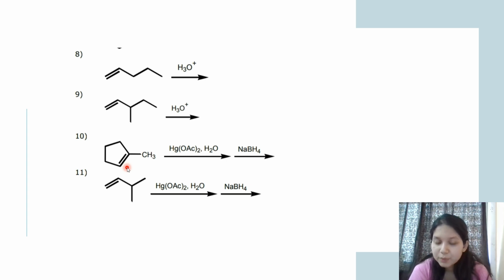So what happens if you react this internal alkene, which is methyl substituted, with mercuric acetate?